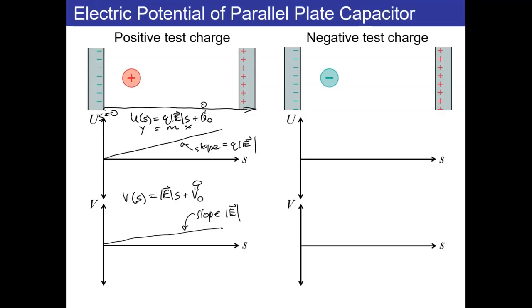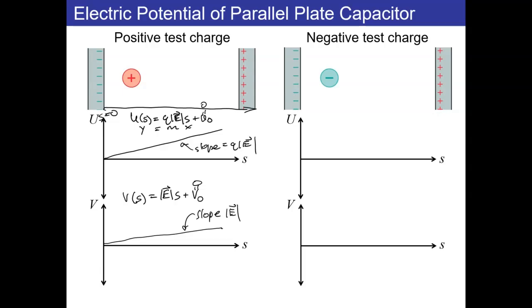That's how we would characterize these graphically. It's just a way to visualize the change in potential energy and the potential. If U naught or V naught were not 0, it would just be offset. Any questions there about the positive test charge case?